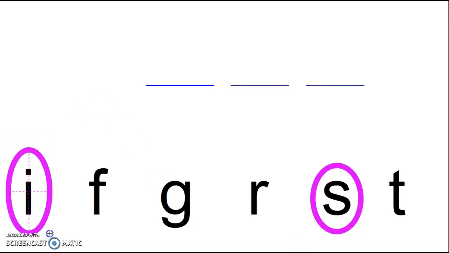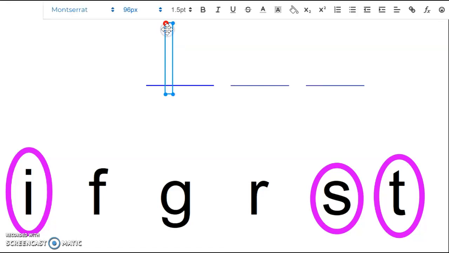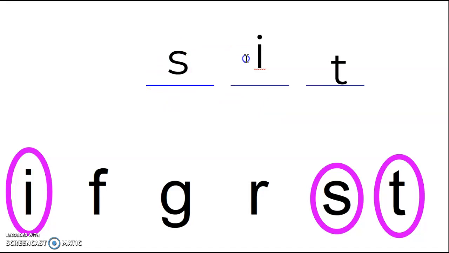If you chose letter I, you are correct. We have S, I, T. The last sound I hear in the word sit is the T sound. What letter makes the T sound? Correct. Letter T makes the T sound. So if we were going to write out our word sit, it is S, I, T. S-I-T spells sit.